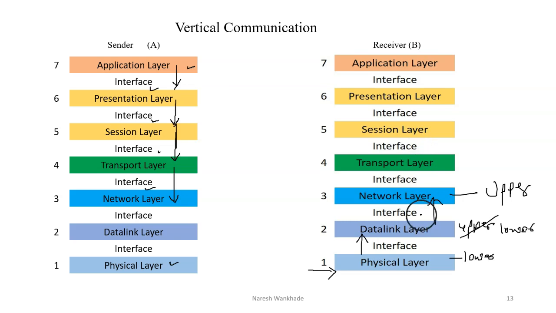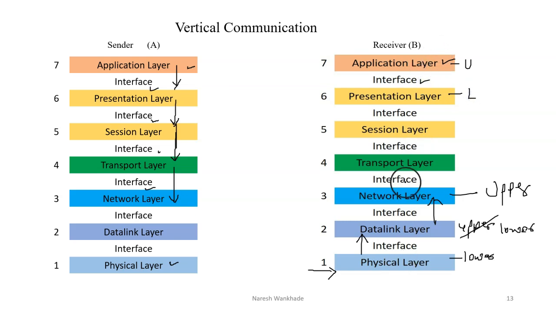Means every lower layer gives services to the upper layer from bottom to top approach, means from physical layer to the application layer within same system. That is, this application layer, which is upper layer, uses the services provided by presentation layer through this interface.